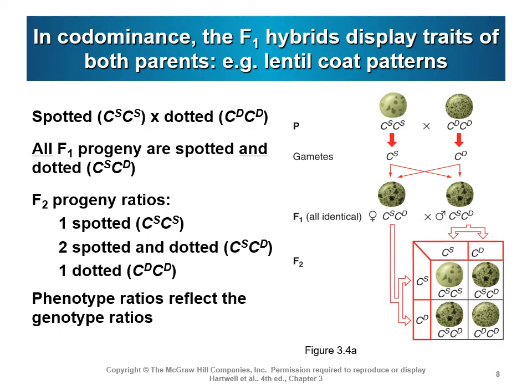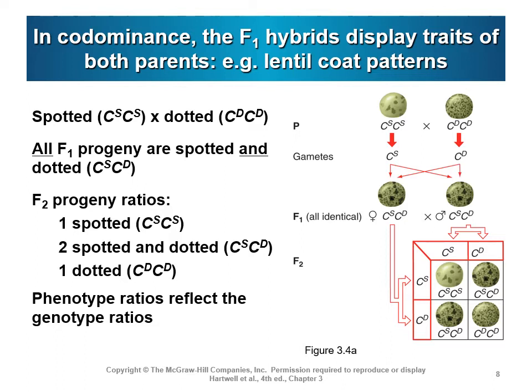To study codominance, let's consider lentil coat patterns. In codominance, the F1 hybrids display traits of both parents. When we cross the spotted CS with the dotted CD parental plants, all of the F1 progeny are spotted and dotted, CSCD. One parent donates CS and the other contributes CD.